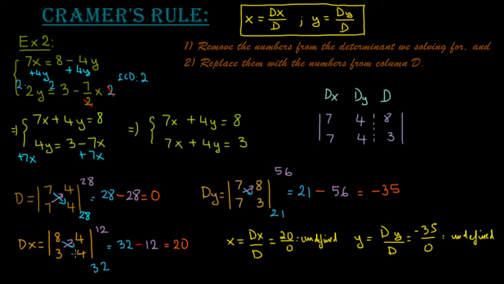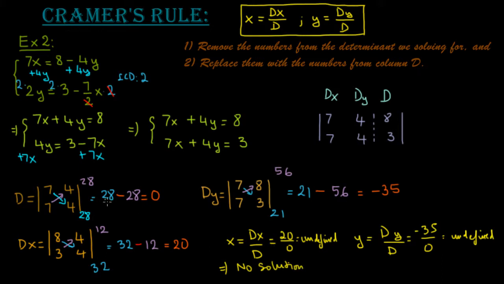So let's make it clear here. If you have D equal to 0 and Dx, Dy not equal to 0, then the problem has no solution. The answer for this one is no solution.